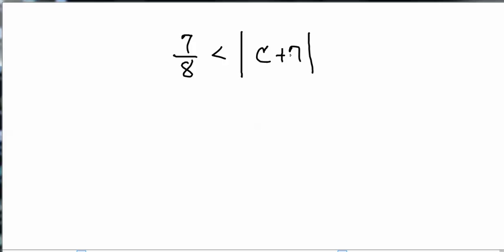It's on the right, so everything's kind of backwards. So make it look like you're used to it looking. Put the c plus 7 on the left. Since you moved this to the other side, you've got to flip it. It's still pointing towards the 7/8. So now it's a greater than problem, isn't it? So what's your next step? Is that an or, or an in the middle? It's an or. Good.